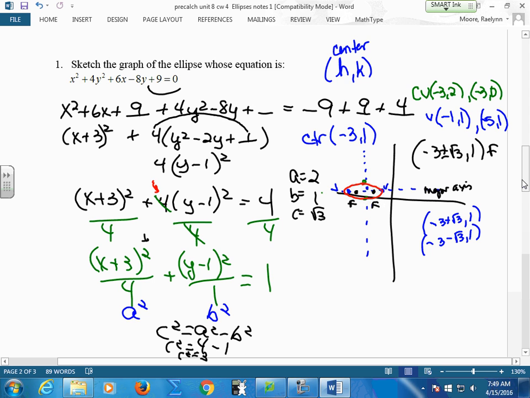Also, you can absolutely use any of your formulas off of this, but just like with the foci and the directrix, it's so much easier to just use your points. We don't do anything else with this. We find the center, we find the foci points, and we're good to go.